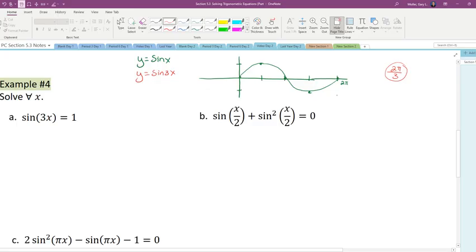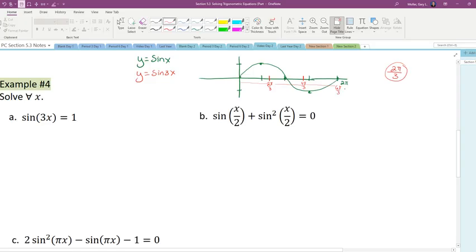So just to keep it simple, I'm going to try and break 0 to 2 pi into 3 equal parts. I'm sort of just estimating here and trying to make sure that I go 1 equal space, 2 equal space, 3 equal space. And this would be 2 pi over 3 right here. This would be 4 pi over 3. And this would be 6 pi over 3, which is 2 pi.